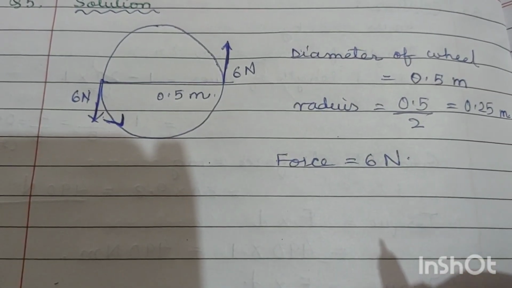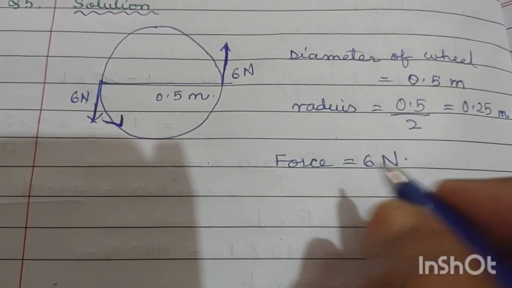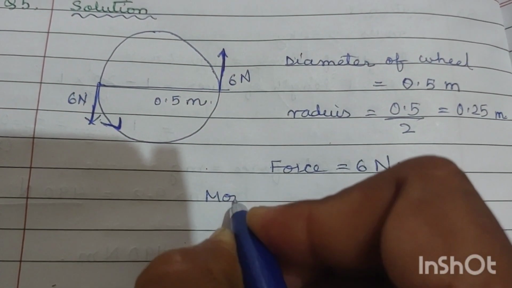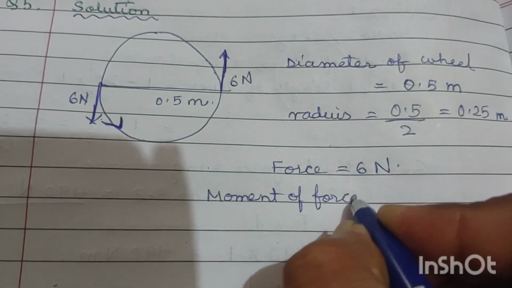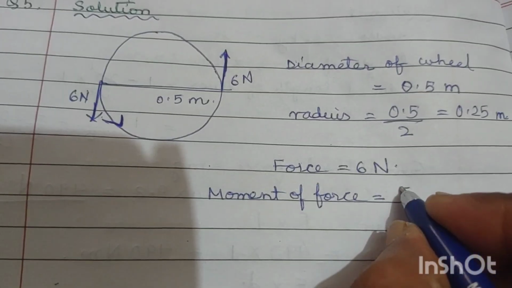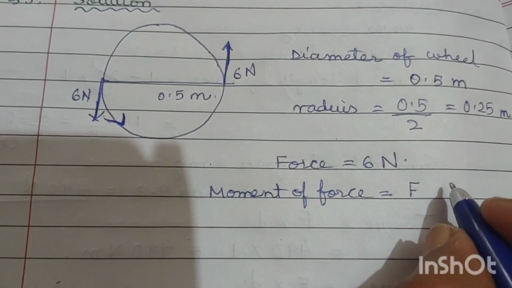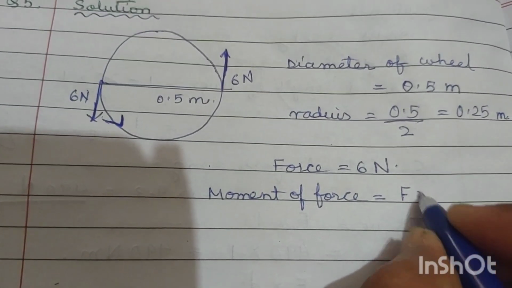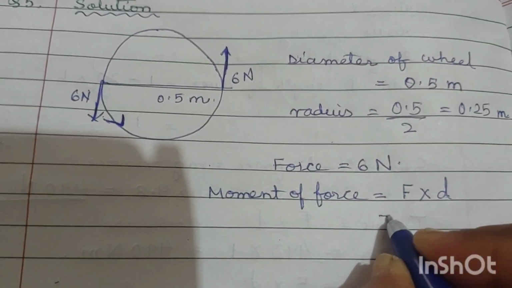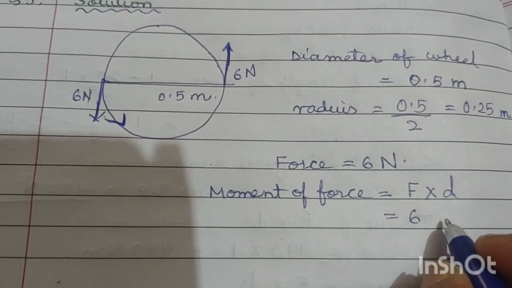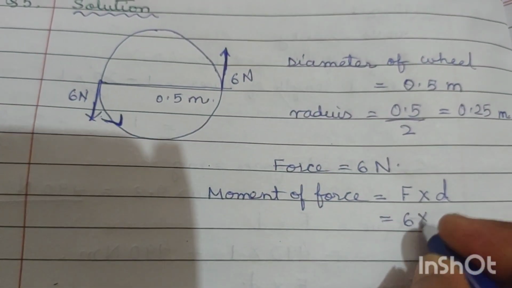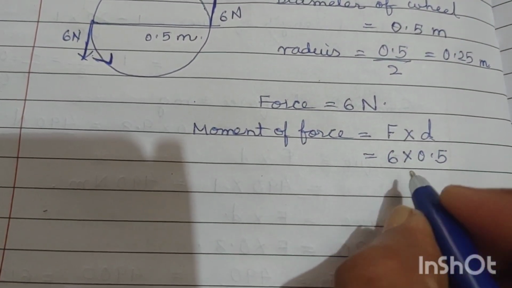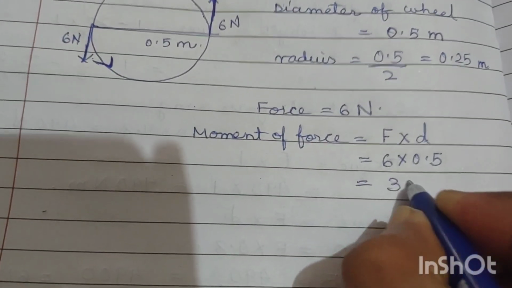So it asks you to calculate the moment of force applied. So moment of force is force into the distance. Force is 6 Newton and the distance between the application of force is 0.5 meter, which gives 3 Newton meter.